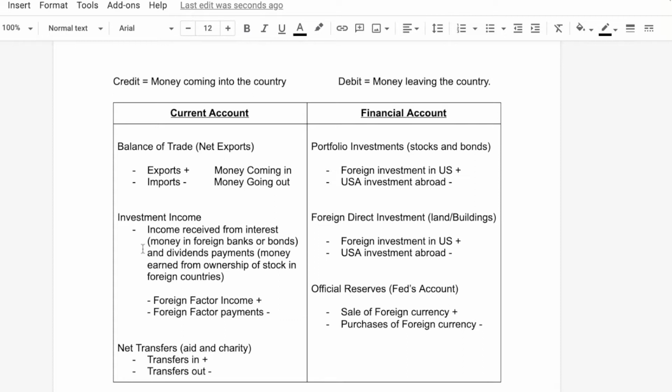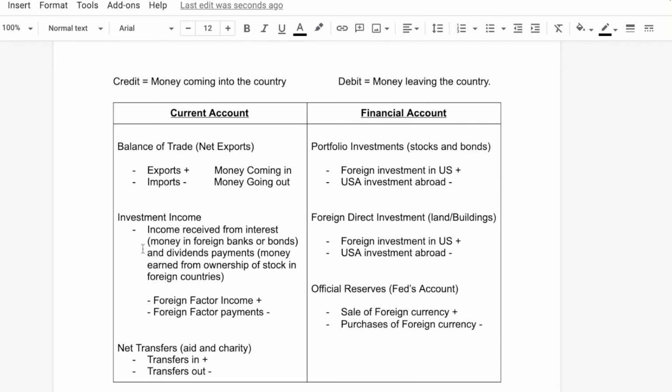All right, first and foremost, let's talk about the current account. The current account is going to be made up mostly of the balance of trade, aka our net exports. So it's mostly going to be the amount of stuff that we sell to other countries, which would be a credit to the current account because we'll be giving them stuff and taking in money. So when we sell exports, that's money coming into the country. That's a credit.